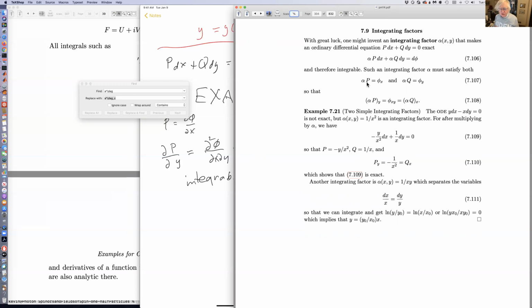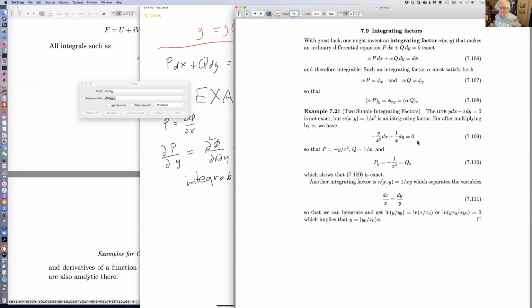So the criteria then are that alpha p is the x derivative of something and alpha q is the y derivative of something. But then the y derivative of alpha p is the xy derivative of something, which then is the x derivative of alpha q.